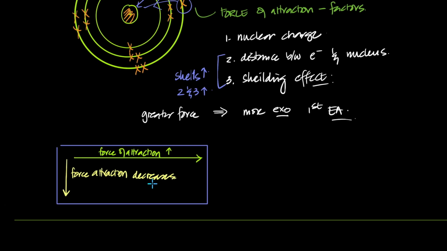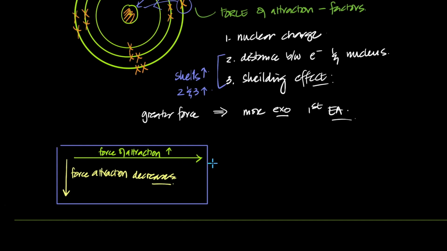Remember that. So across a period, force of attraction increases for the outer electrons, down the group it decreases, which means in AS ionization energies increase because the force of attraction increases, and ionization energies are endothermic, so they'll become more endothermic. Atomic radius decreases because the attraction is more.